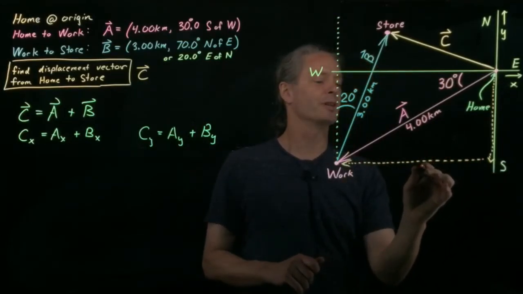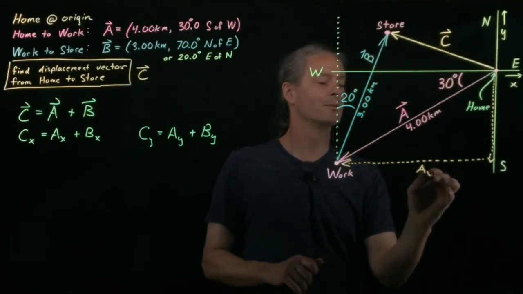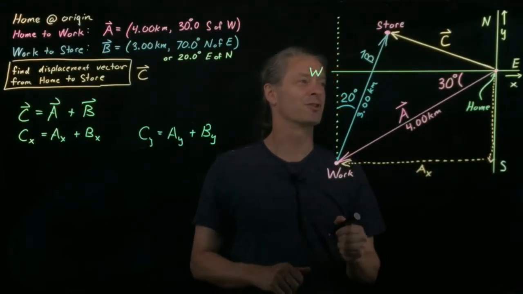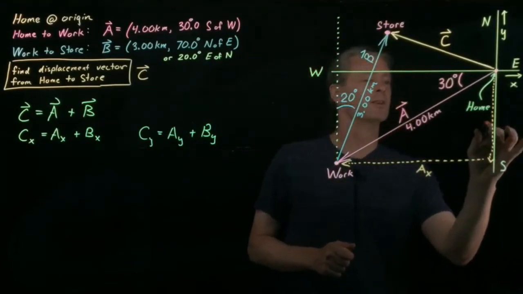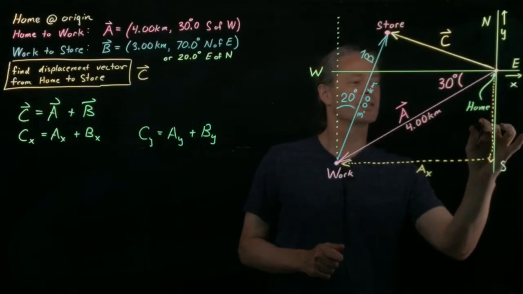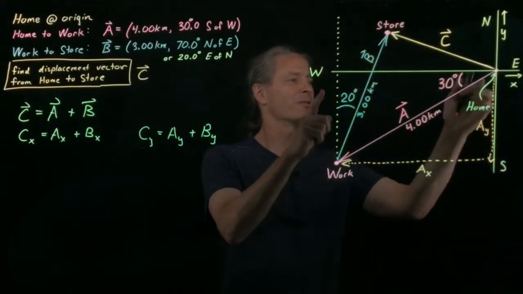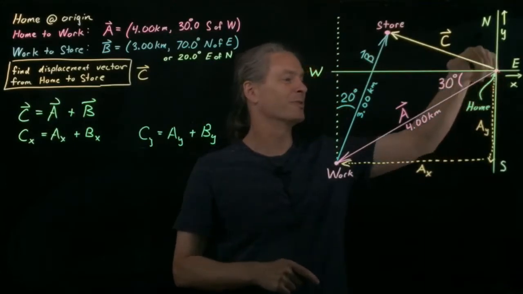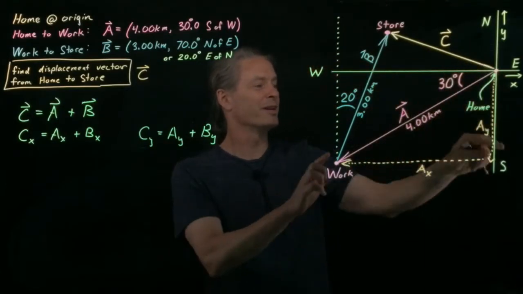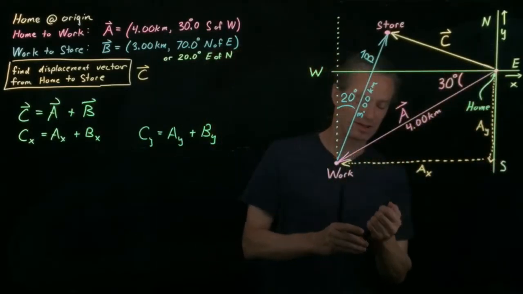So this would be A sub x, which is clearly in the negative x direction, or the westerly direction. This thing here we'll call A sub y. If I wanted, I could have put the A sub x here, just showing the displacements A sub y, A sub x this way. It's convenient to show them here just to illustrate the problem.